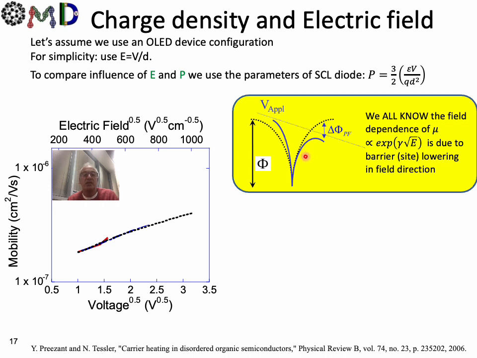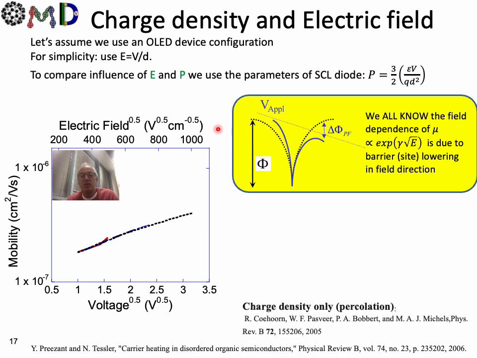But as I said, we have both electric field and charge density in these simulations. And you'd be surprised to know that what I used here is a model by Coehoorn, who was using percolation only. Mainly what you see here is only the charge density dependence. So there is no electric field contribution at all in this model.